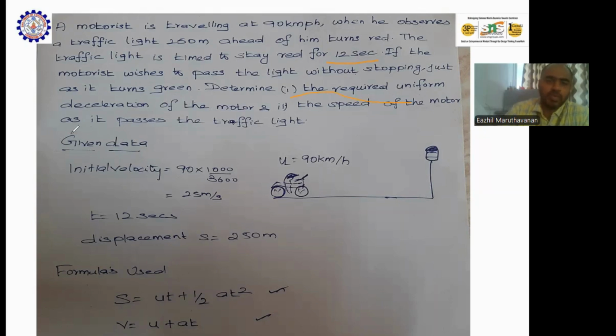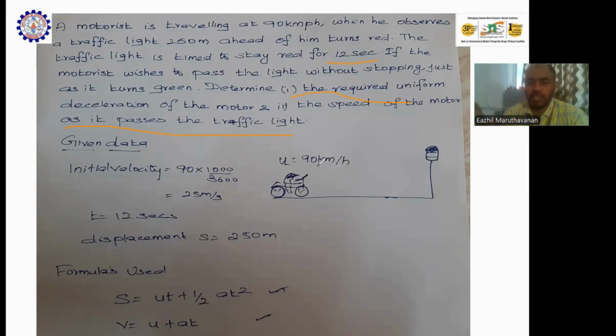Before solving this question, we have to understand the question clearly. A motorist is traveling at a high speed of 90 km per hour. He wants to pass the traffic signal without stopping his vehicle. In some cases, we need to speed up to pass the signal without stopping.